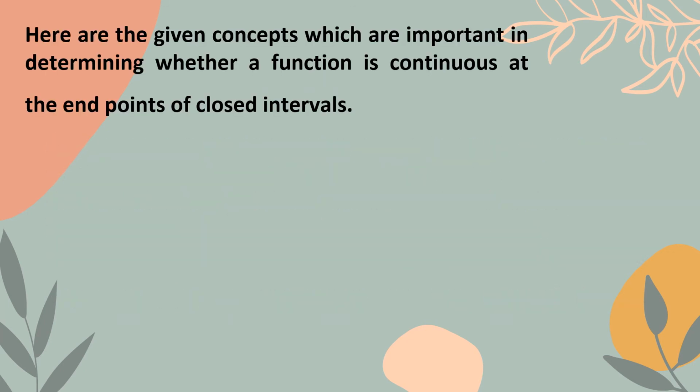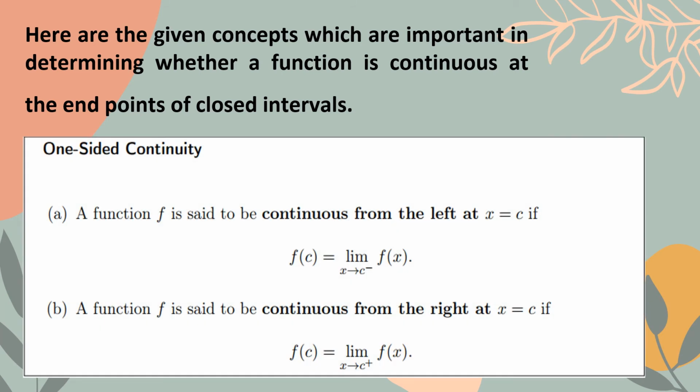Alright. So here are the given concepts which are important in determining whether a function is continuous at the endpoints of closed intervals. Okay, we have one-sided continuity. A function is said to be continuous from the left if f of c equals the limit of the function as x approaches c from the left.